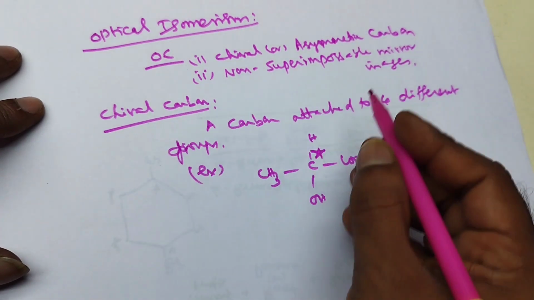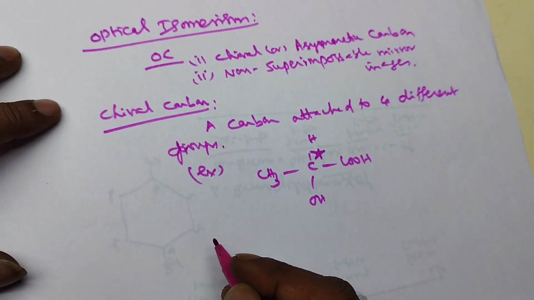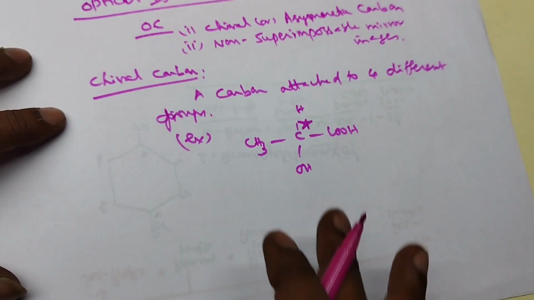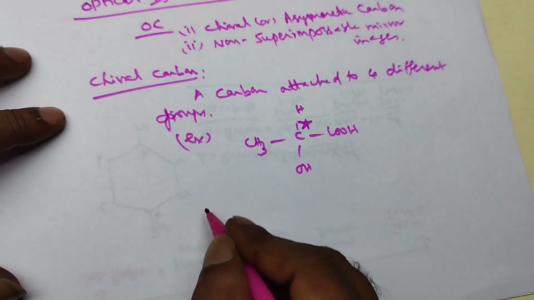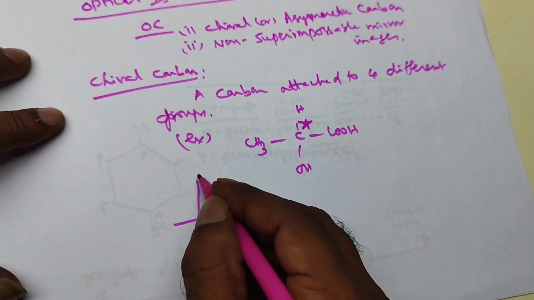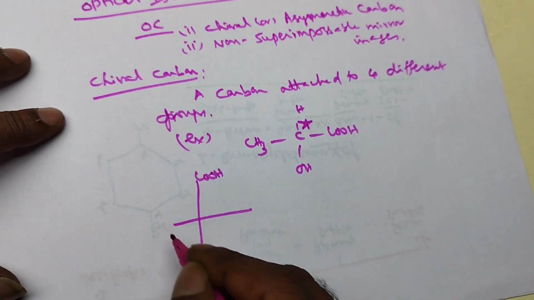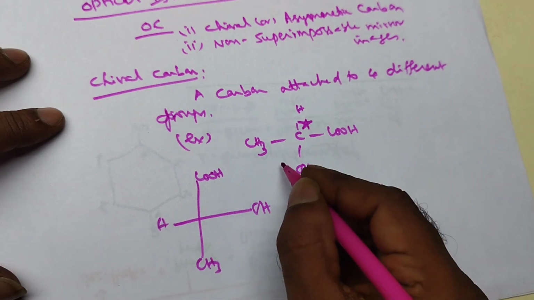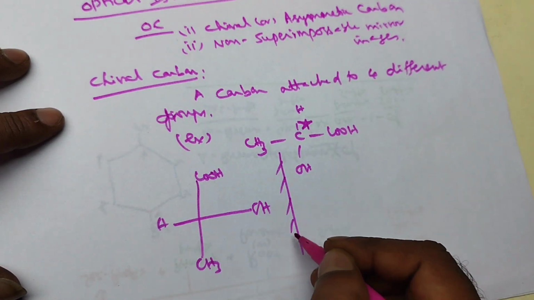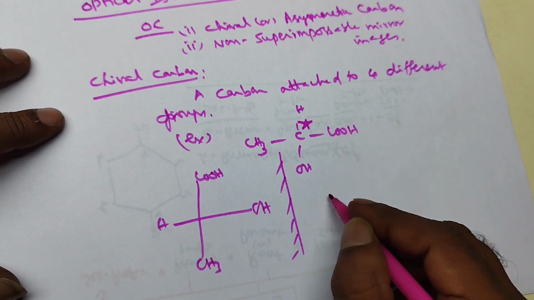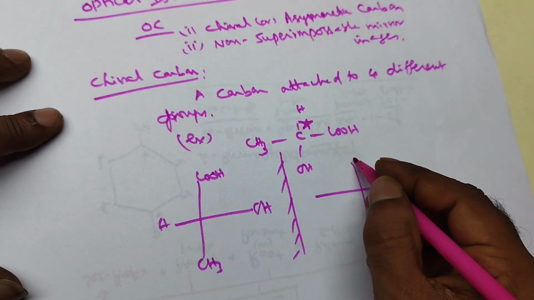The second condition is that it must have non-superimposable mirror images. The same compound can be represented as a Fischer projection formula: COOH at the top, then H and OH, then CH3. With a mirror here, you write the mirror image.